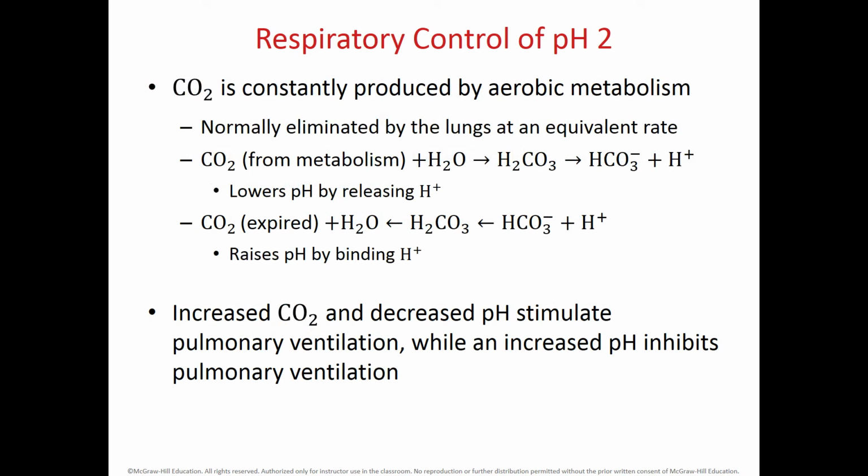Now, CO2 is constantly generated in our body because our cells are generating this CO2 as a byproduct of aerobic metabolism, and then we combine this CO2 that our cells generate with water, forming again carbonic acid, and then this carbonic acid will be dissociated into bicarbonate ions and hydrogen ions. So our metabolism basically tends to lower the pH by releasing hydrogen ions at some point.